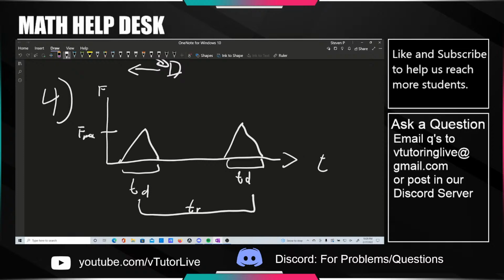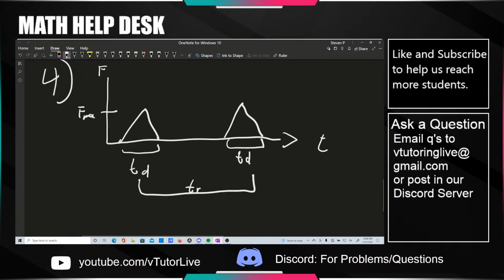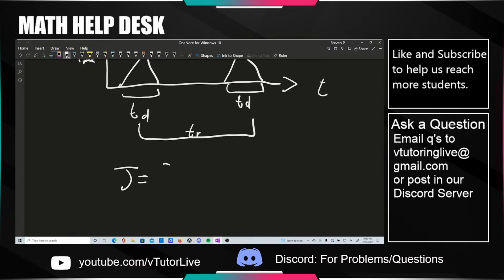All right. This requires me every time to look it up because I forget it every time, but I'm pretty sure impulse is just the derivative of force with respect to time. Sound about right? Yes, that's literally the definition. Okay. Yeah, so J is equal to the integral of force with respect to time.